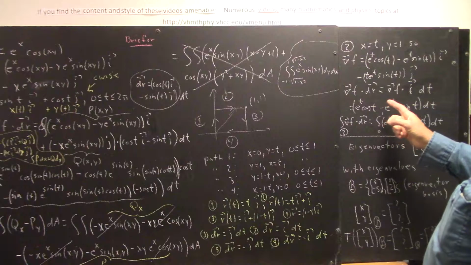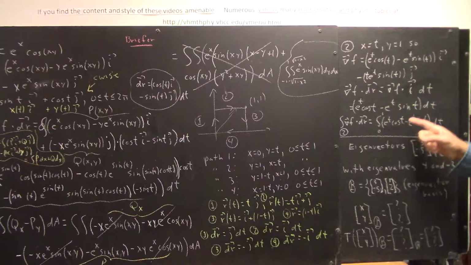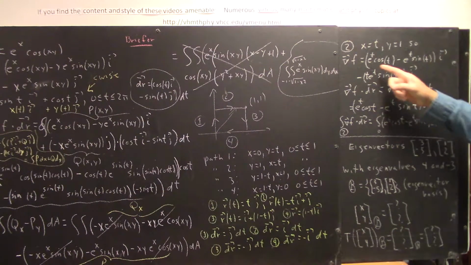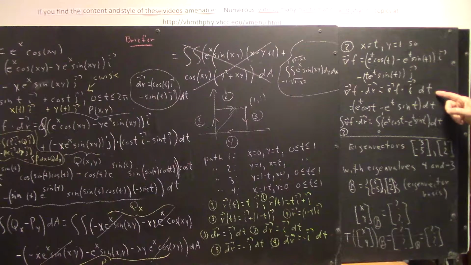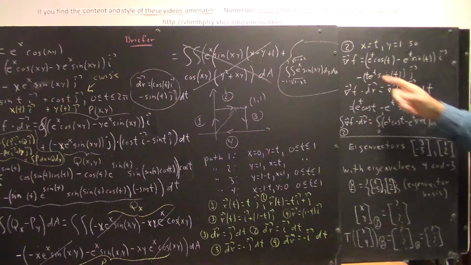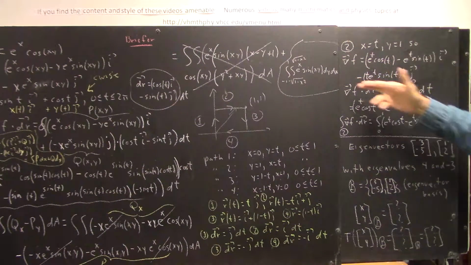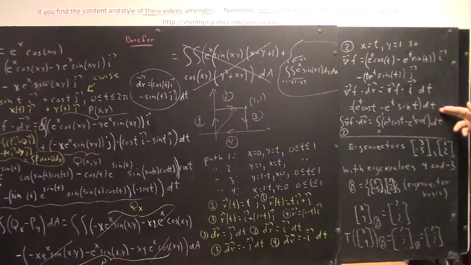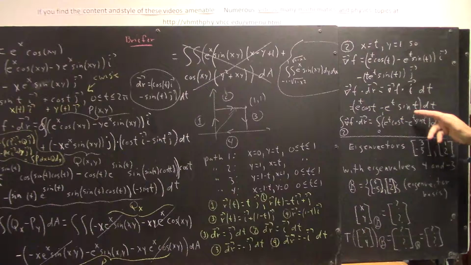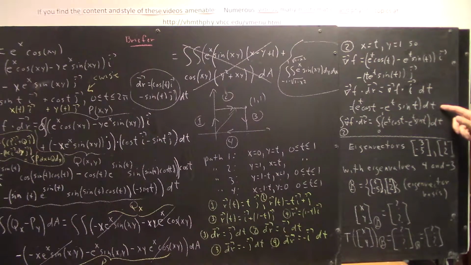But what we get here then is this i component times the i component of our dr. And we have no j component in the dr, so we have just 0j to multiply by the coefficient of j here, so we're not going to get anything from this. We're just going to then get this i component times dt. And I believe I've got that right. I won't swear to it. I believe I've got it right.